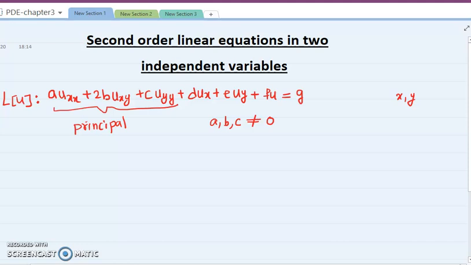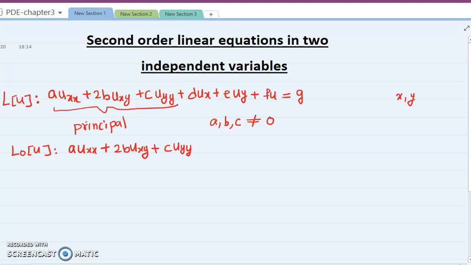Now the principal part is denoted by L naught of u, which is a u_xx plus 2b u_xy plus c u_yy. So which is the leading term containing second order derivatives, that is called the principal part. Now many properties of the PDE can be studied by analyzing the principal part alone.